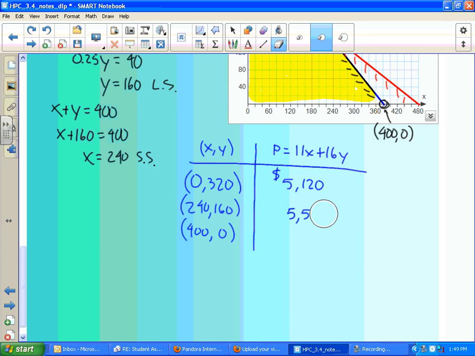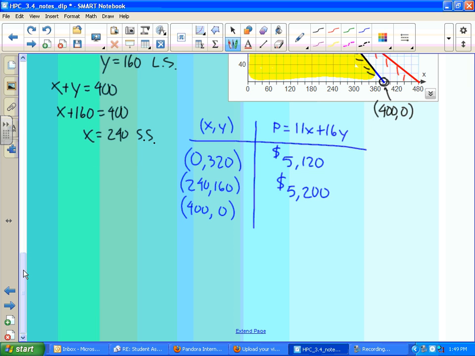Did you just say get it right? All right, and then this one, I don't remember what this one was. What was this one? Say it again. $4,400. All right. Okay, so again, that's the money I'm going to make with those combinations of shirts.